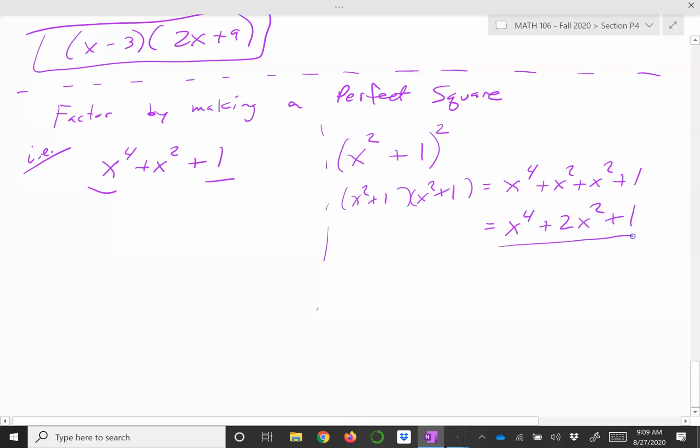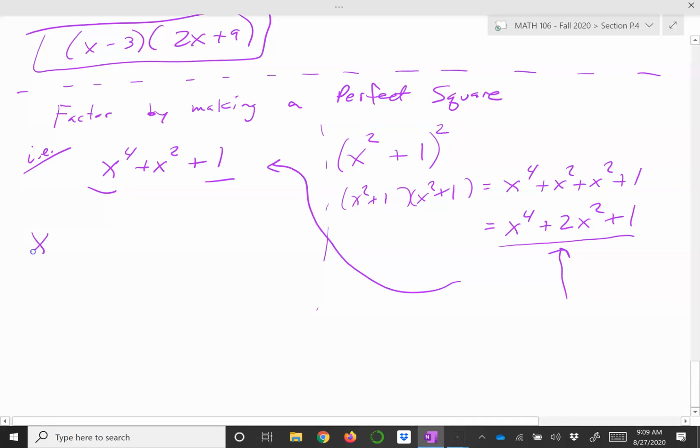So do you see how that's close to the thing that we're working with? Okay. It's close. So what I want to do is I want to try to get this guy to show up over here. And again, what you're going to do is mess with that middle term.